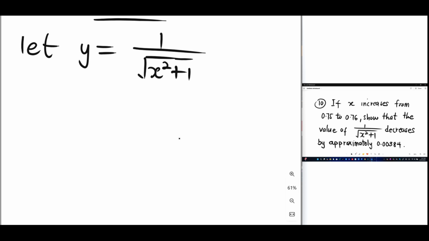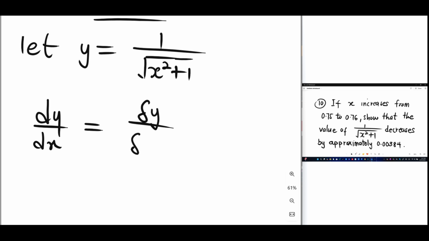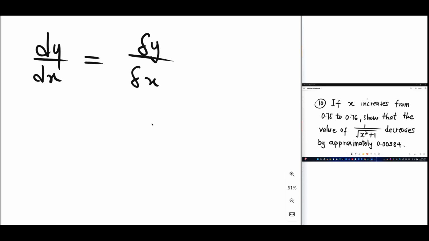So we know that our dy/dx, that is the change in y with respect to x, is approximately equal to the small change in y divided by the small change in x. All right, so we have been given the change in x to be from 0.75 to 0.76.